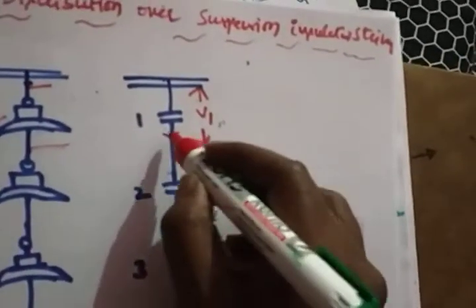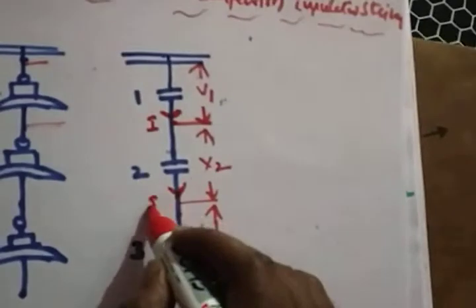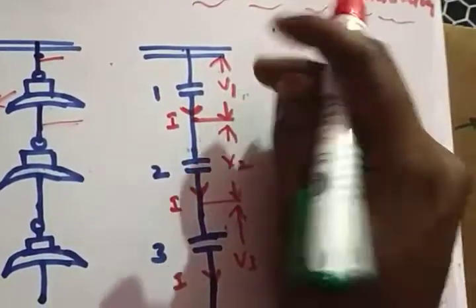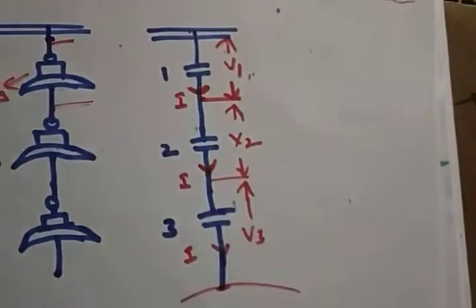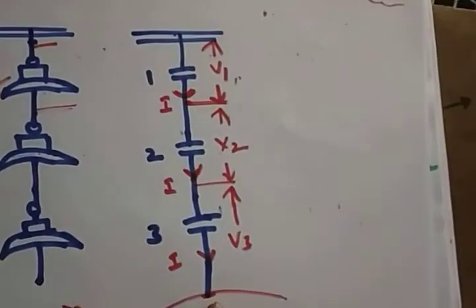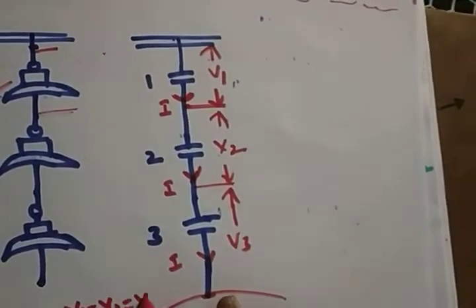The current is equal because these are in series, right? So the same current flows, which means the voltages across these three capacitances will be equal: V1 equals V2 equals V3. So up to now there is no problem for the suspension type insulator, right?